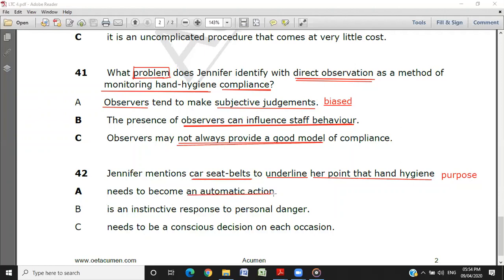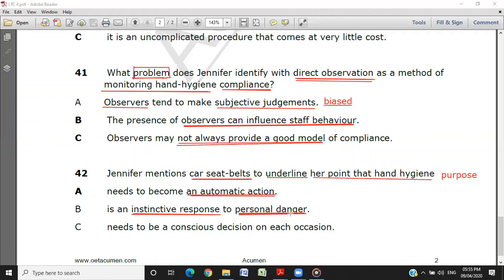Like for example, wearing a car seat belt is an automatic action, right? We don't do it purposefully. It's so strongly embedded in your subconscious mind. Then instinctive response. So instinctive response also means automatic action, but only to a personal danger. So doing it only when there is a personal danger. For example, when you take away your hand from the flame, or as soon as you sense something which is hot.